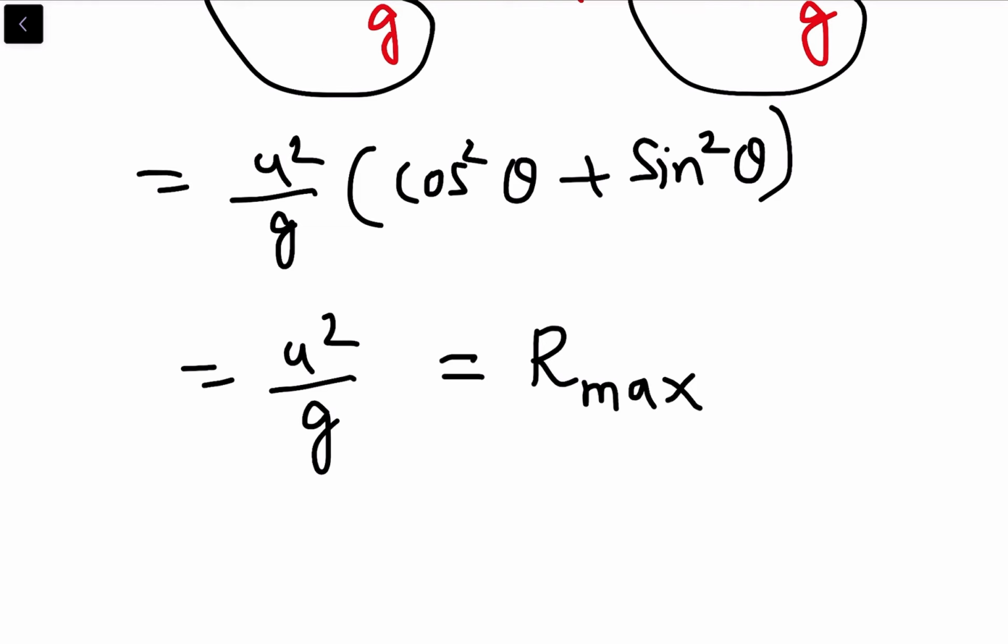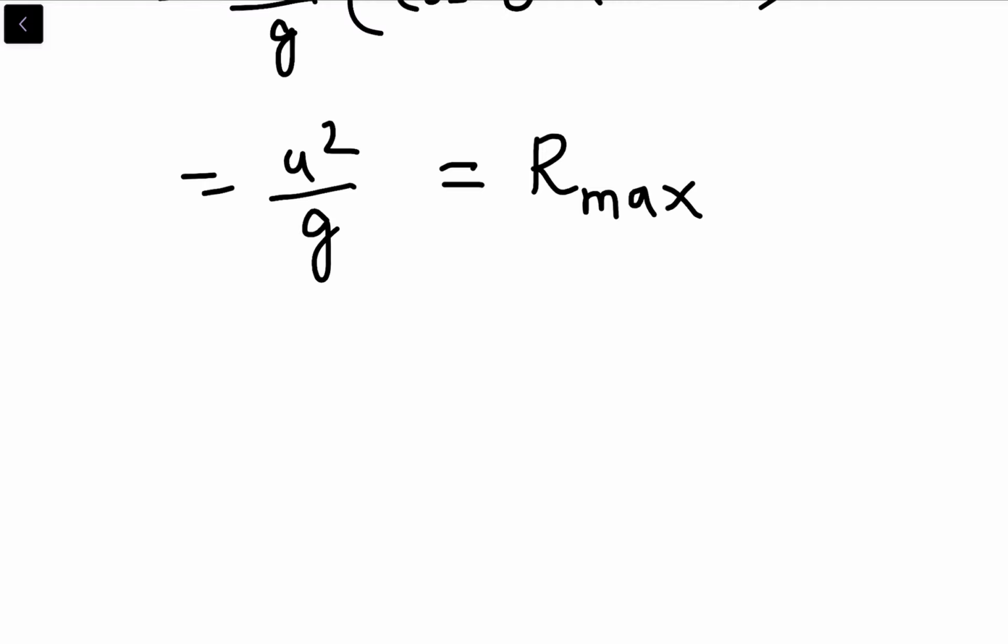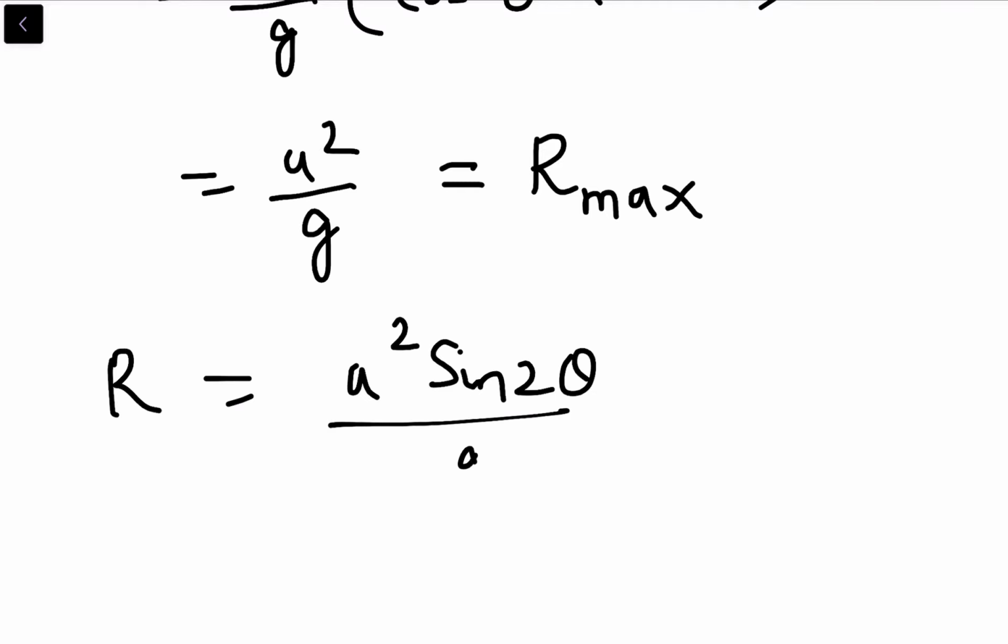If you go to the formula of the range, which we have written in so many numericals, R is equal to u square sine 2 theta by g. This is our formula. Once again, I write it neatly.